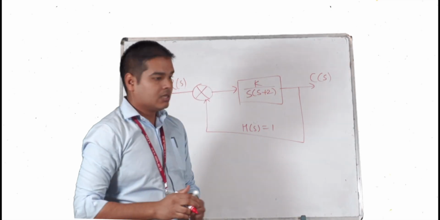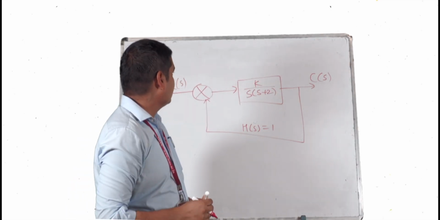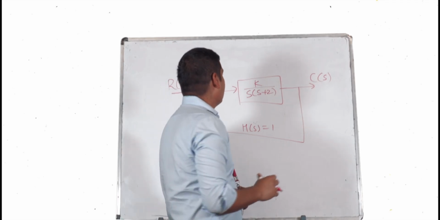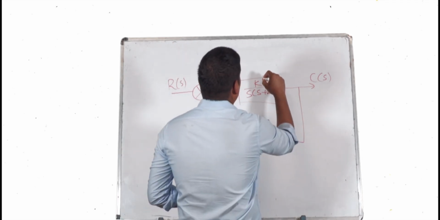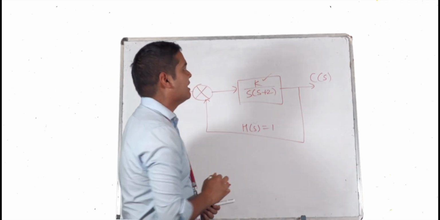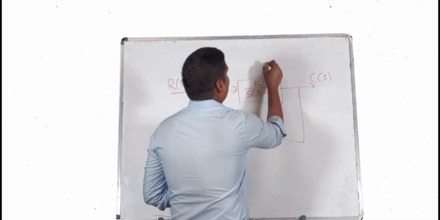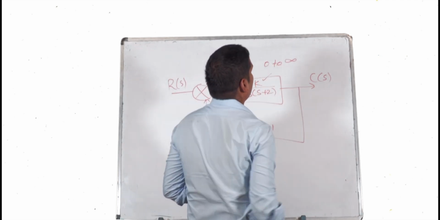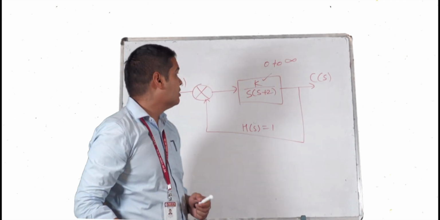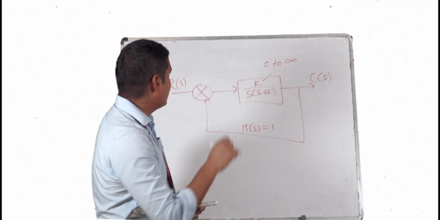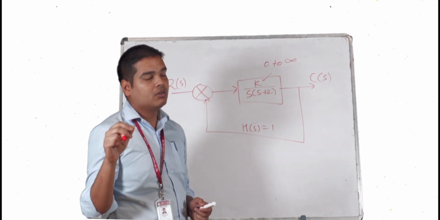In this control system, we have gain K as the forward path gain. This gain is to be varied from 0 to infinity, and we will plot the movement of closed loop poles as this gain is varied from 0 to infinity.